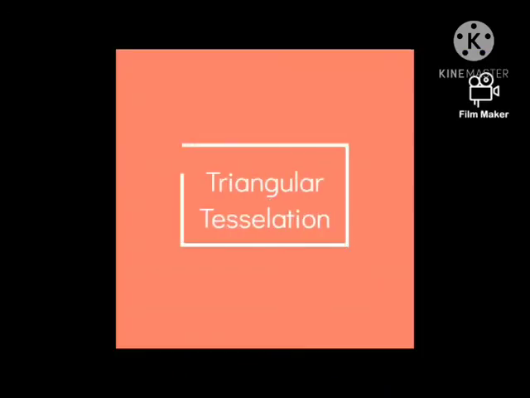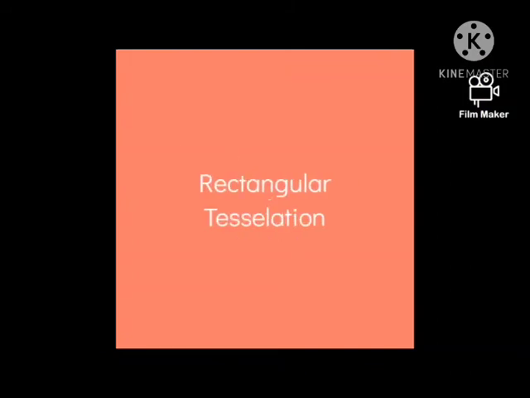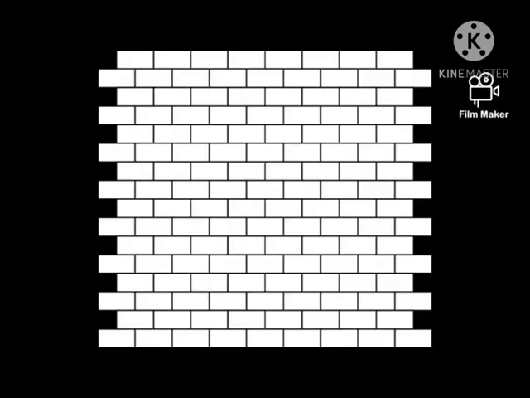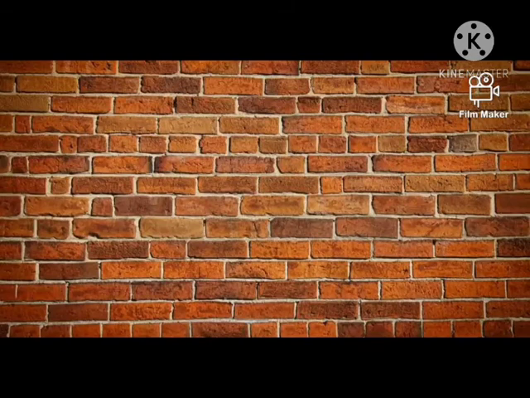Triangular tessellation. It is where the triangles are arranged in a pattern. Square tessellation. It is where the squares are arranged in a pattern. The squares meet edge to edge with no gaps and no overlapping areas. Rectangular tessellation. The pattern of bricks on the walls is a tessellation made of rectangles.